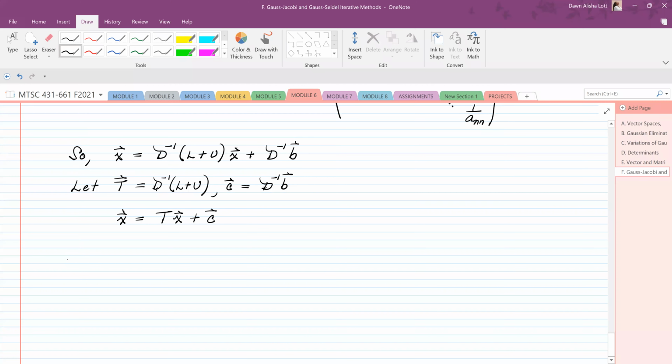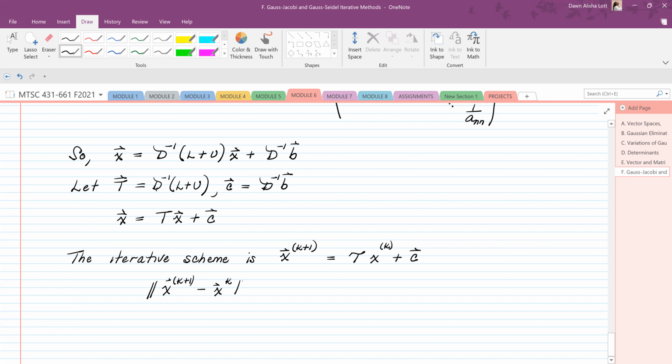So for MATLAB, the iterative scheme is X K plus 1 is going to equal T times X K plus C. And again, we keep going until the length of X K plus 1 minus X K divided by the length of X K plus 1 is less than epsilon.